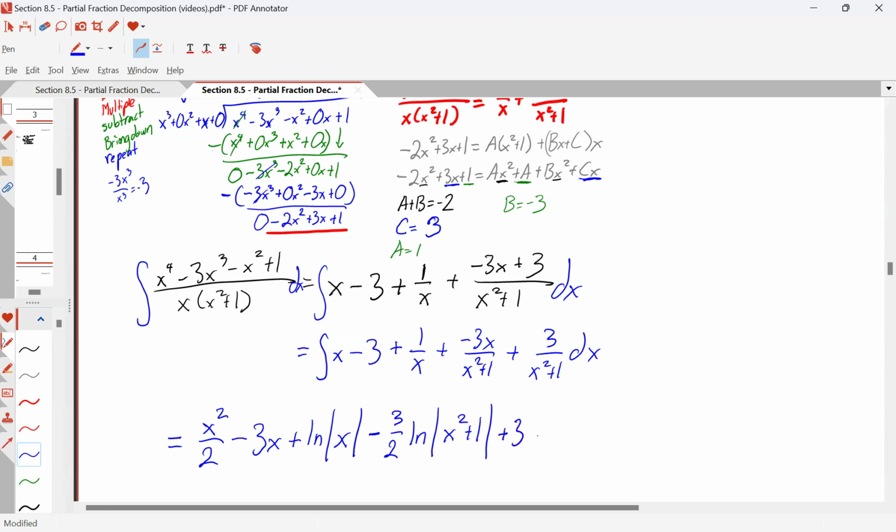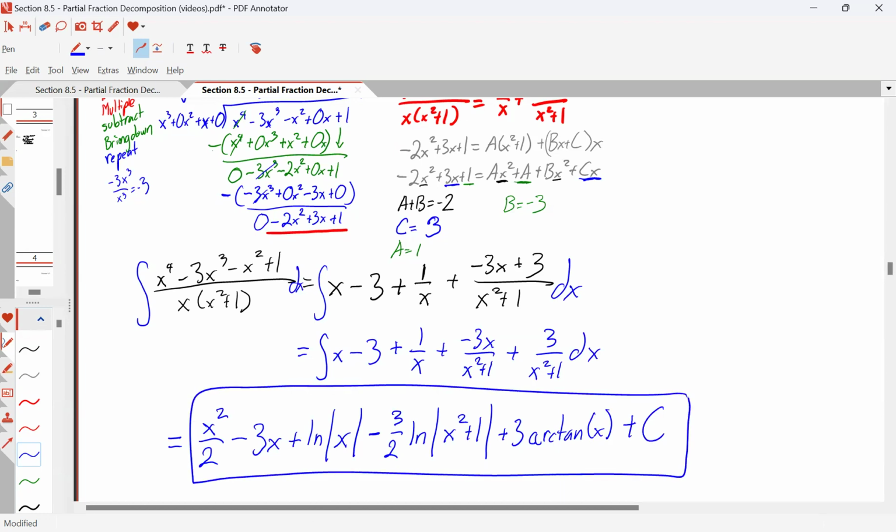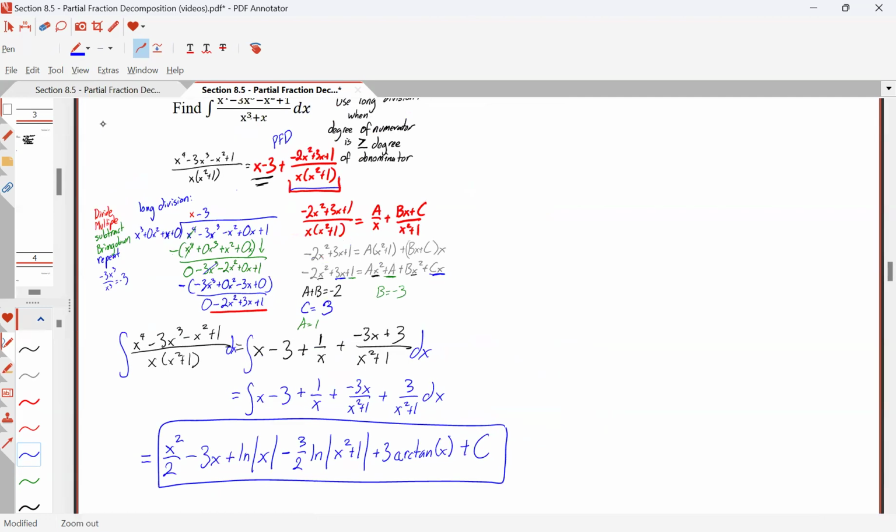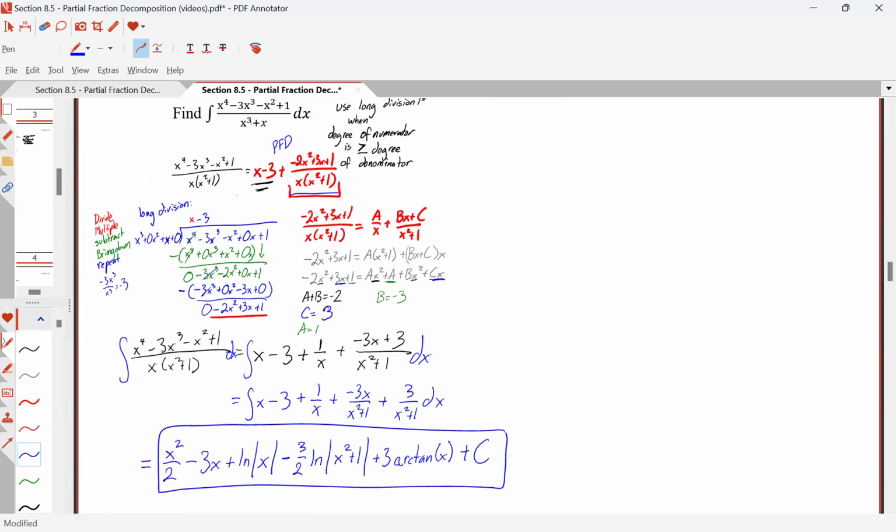This is plus 3 arctangent of x plus C. So if the degree of the numerator is not smaller than the degree of the denominator, we need to start with long division. And then after the long division, we can set up our partial fraction decomposition.